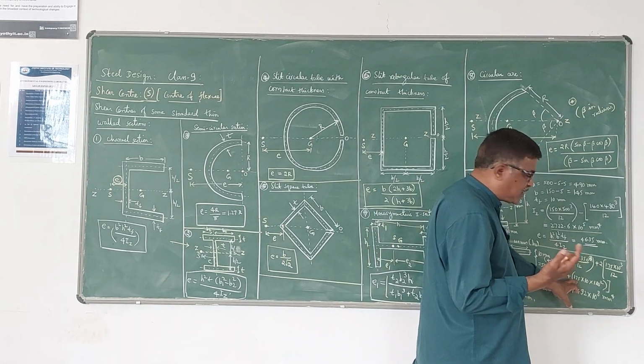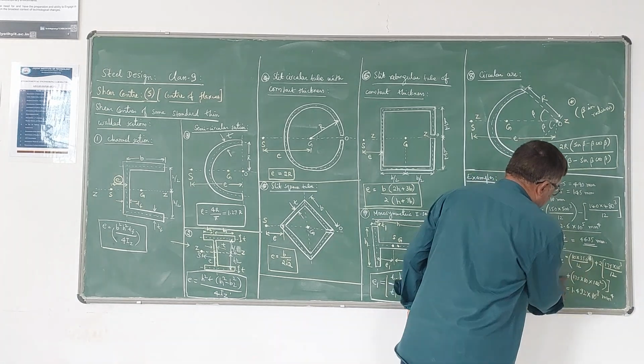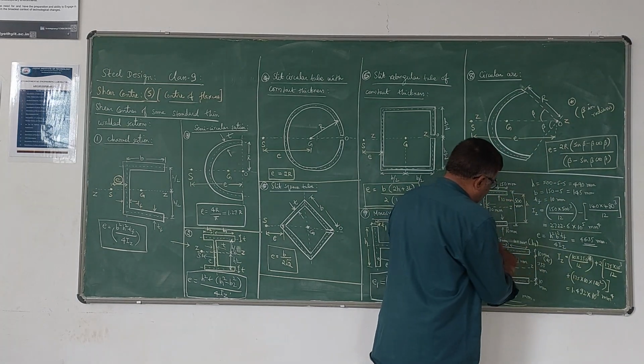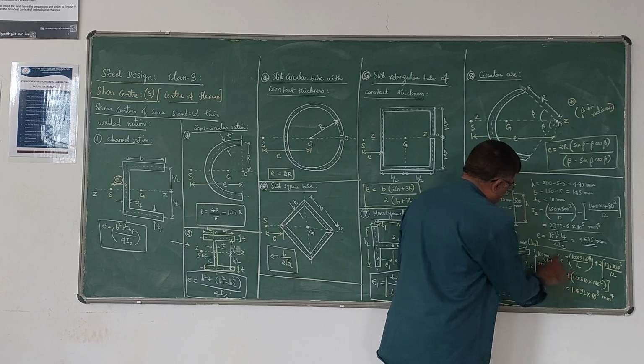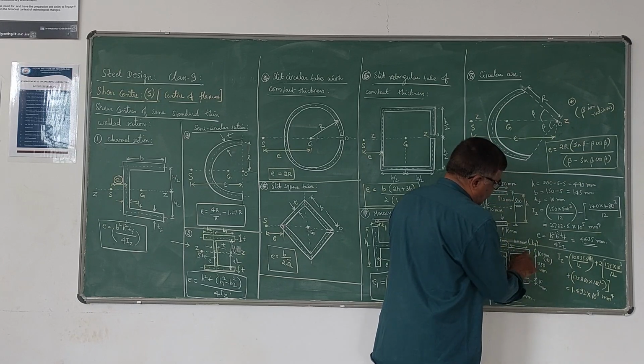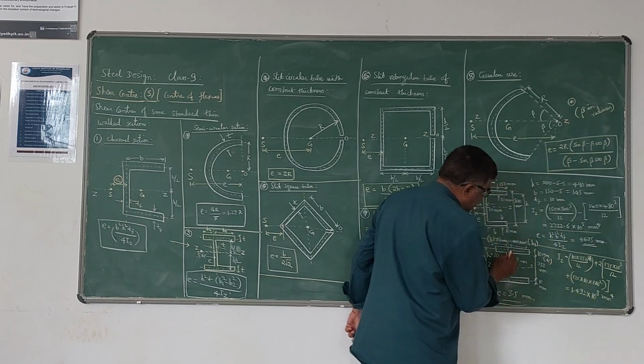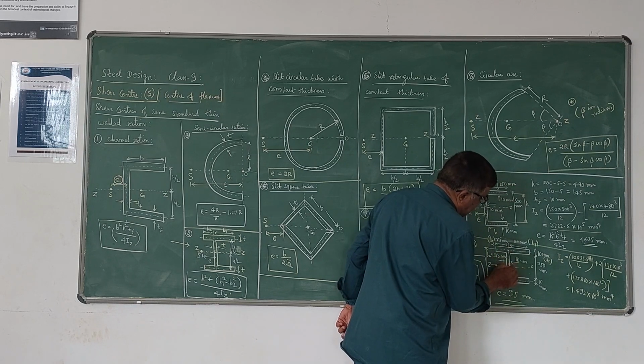The parallel axis theorem states that this is plus the area of the flange, that is 75 plus 100, 175 into 10, the area of one flange, into the distance of the centroid of this flange from the centroid of the I section.